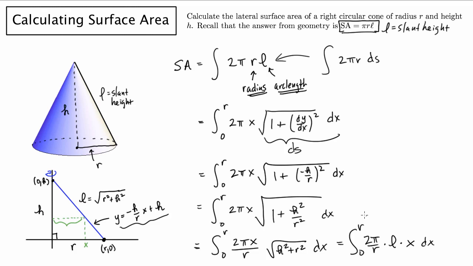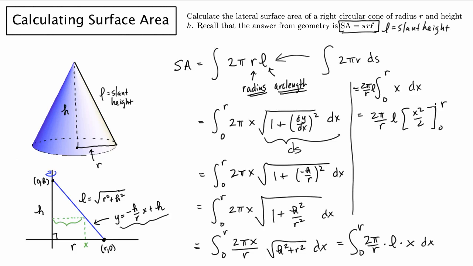And if you do the integration here, so let's create a little space here and finish this problem out. It's the integral from 0 to r of just x dx, where I've got all this additional stuff out in front, the 2 pi over r times L. So we wind up with x squared over 2 evaluated from 0 to r, or r squared over 2 because the 0 doesn't contribute.